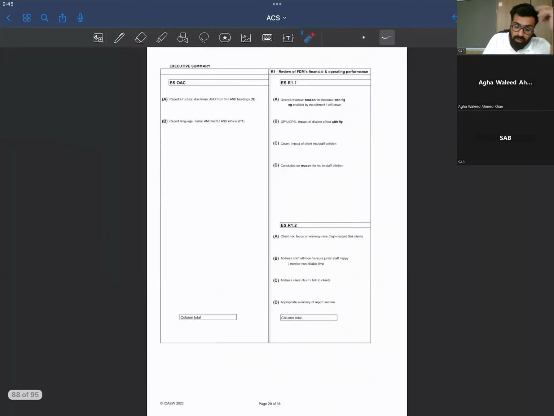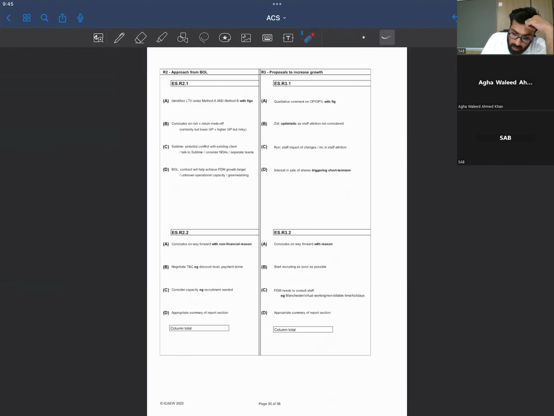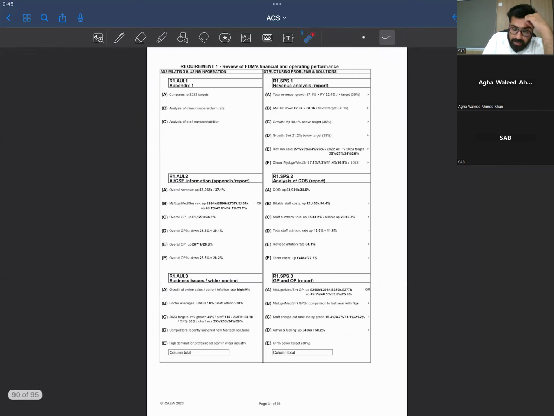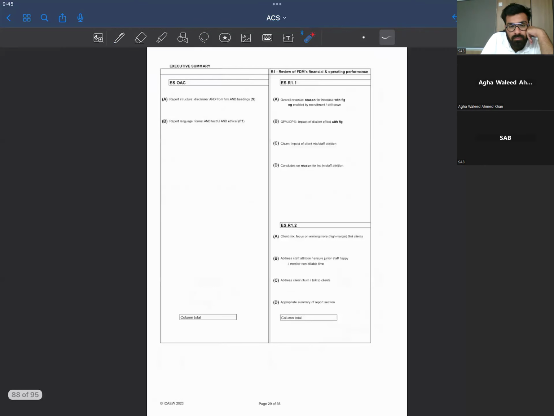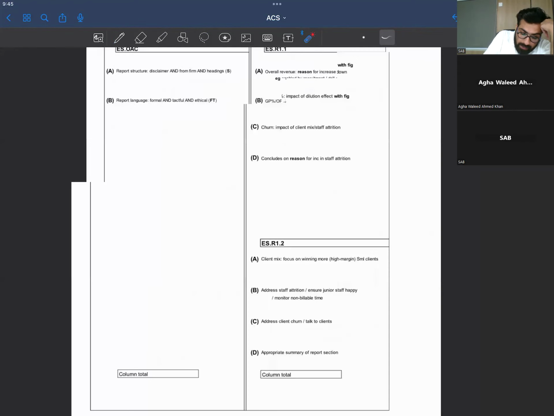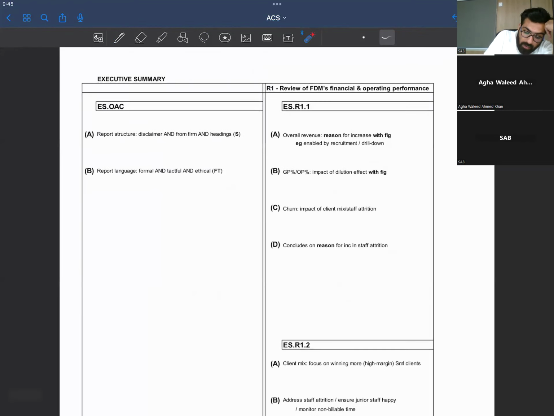Now I was telling about the criteria. The executive summary needs to be integrated. Now see here, the first criteria of the executive summary is predetermined but not told to you, so you have to think on the points.